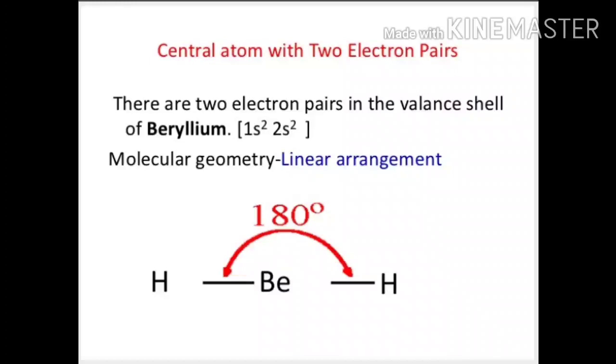There is no lone pair of electrons, so it has a definite geometry or symmetrical shape, that is linear. All triatomic molecules in which no lone pair is present have a linear shape, and the bond angle in the molecule is 180 degrees.